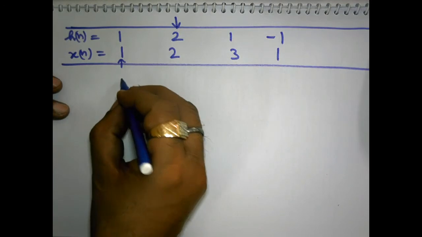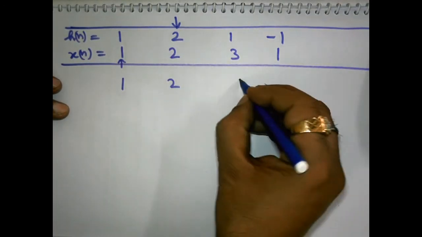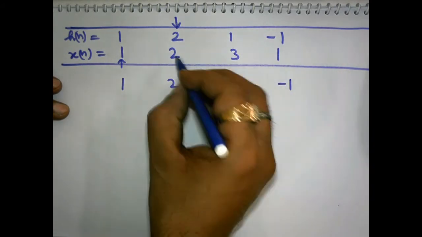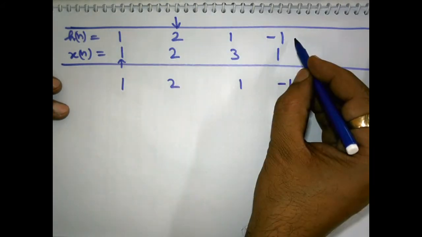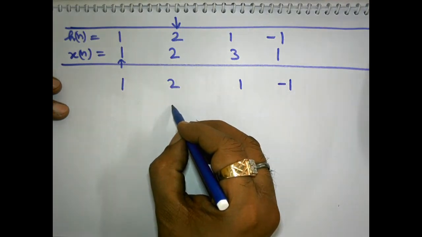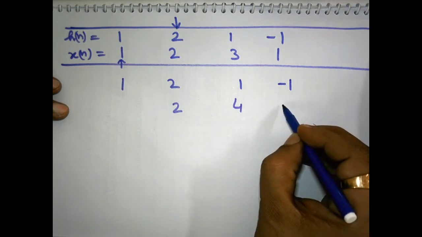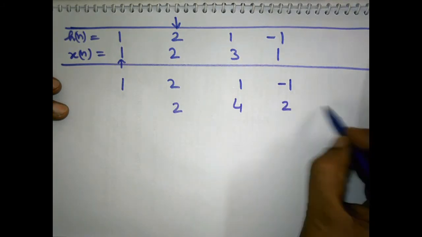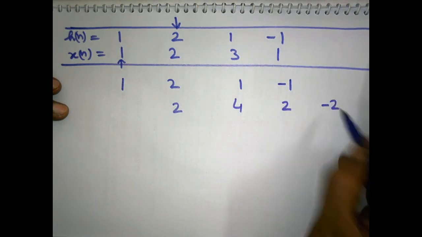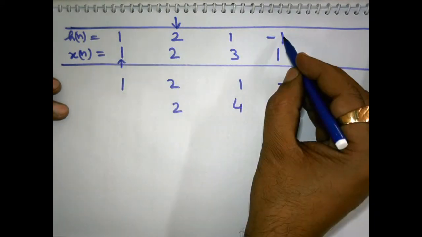So what is the way? This is 1 multiplied in each sample, 1, 2, 1, minus 1. Then 2 multiplied with these samples, and the resultant will be written immediately below this. So 2, 4, 2 and minus 2. Am I right? Then 3 multiplied in each sample.